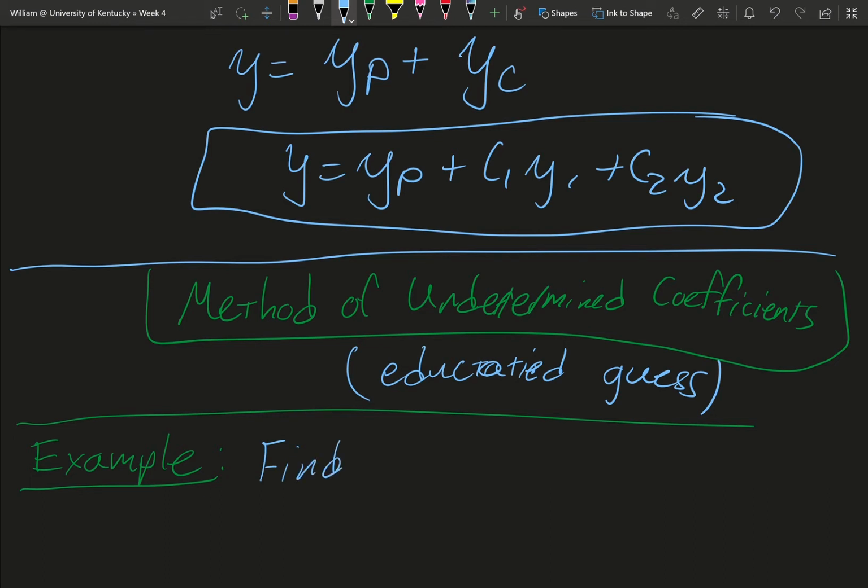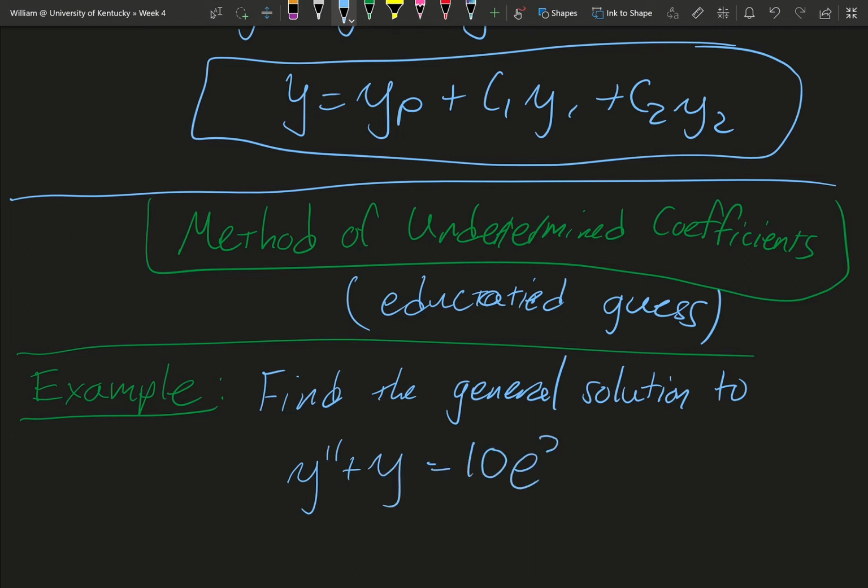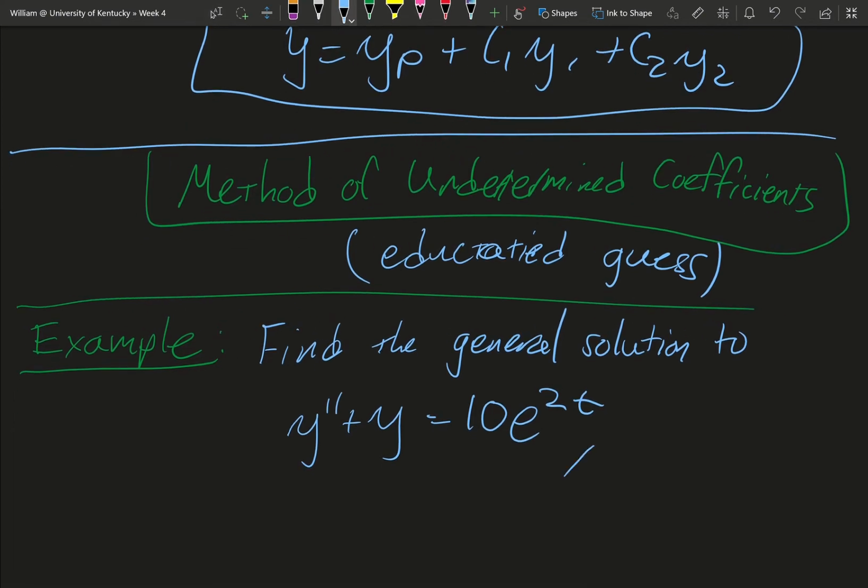So let's look at our first example. Find the general solution to y double prime plus y equals 10 e to the 2t. And more specifically, let's use the method of undetermined coefficients.